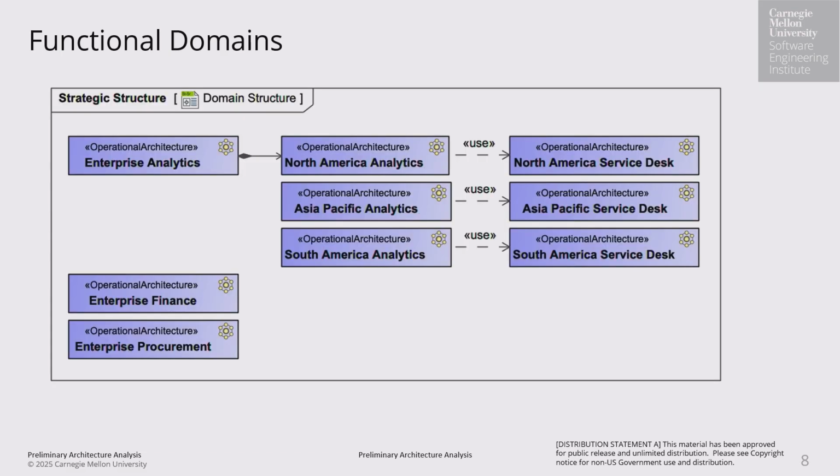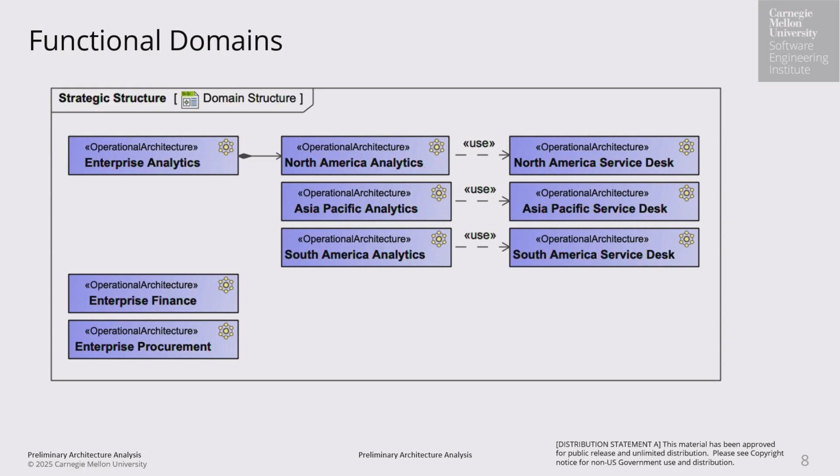Again, following that pattern that we reviewed, we identified the functional domains here. And we model these functional domains as operational architectures. And you could see enterprise analytics already includes North American analytics, and they use information coming from the service desk.